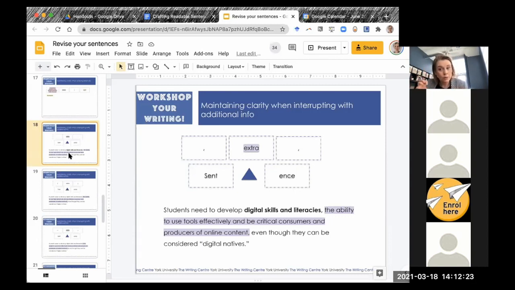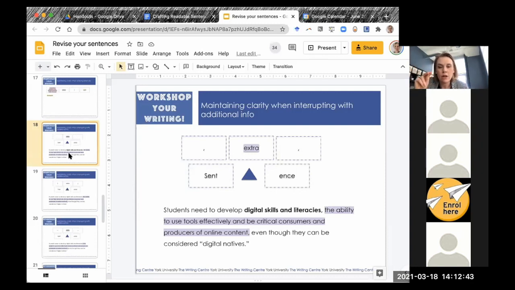So if you take it out, you're left with a complete sentence. That was the first thing that we did, right? We took it out. Do we have a full sentence? Yes. We can put in extra information. The second thing is you need to make sure that, yes, Fatima, brackets mute the information and make it not essential, like not important at all.